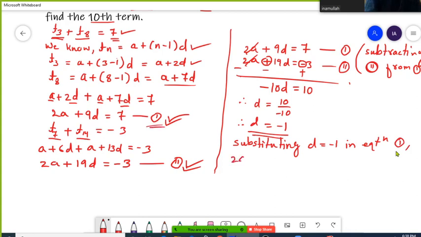So 2A plus 9D, 9 into D, that is minus 1, is 7.